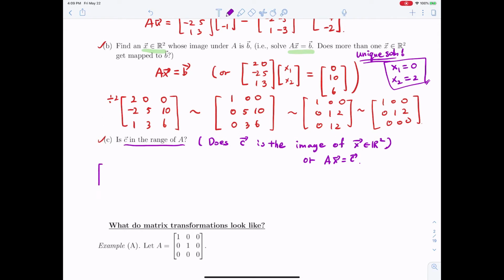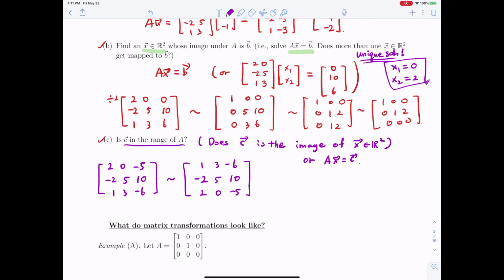So if you form the augmented matrix using C, then that gives you 2, 0, negative 5, negative 2, 5, and 10, 1, 3, and negative 6. So first of all, I'm going to switch the first and the last row. That gives you 1, 3, negative 6, negative 2, 5, and 10, 2, 0, negative 5.